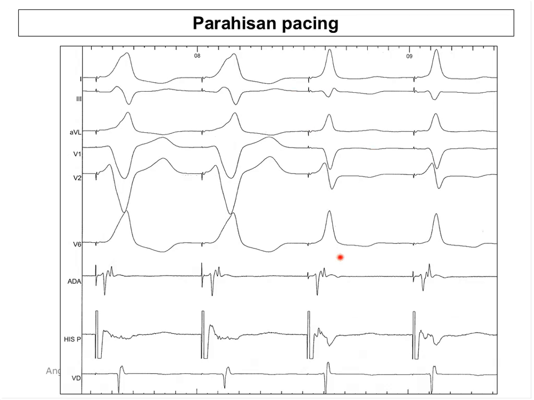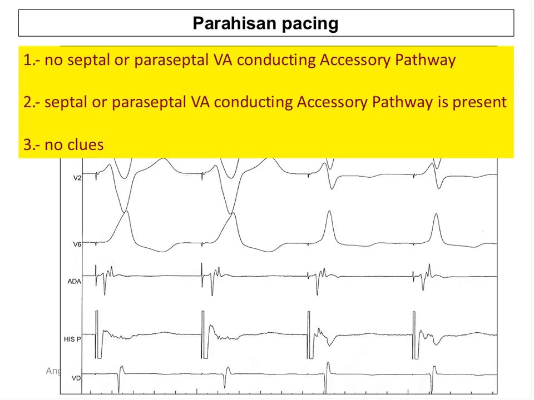Okay? So the same question will be asked to you now. Do you think that, number one, there is no septal or paraseptal VA conducting accessory pathway, or that there is now a septal or paraseptal conducting accessory pathway, or you think this tracing really provides no clues as to these answers? Can you please vote now?